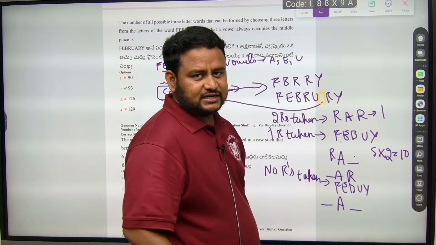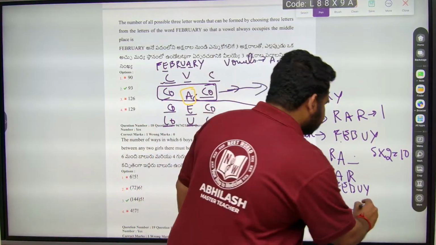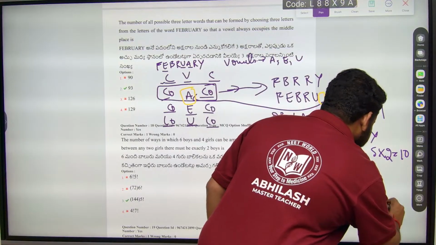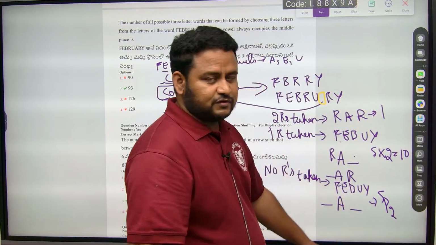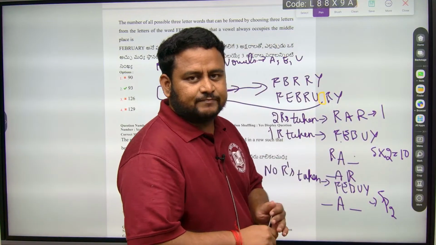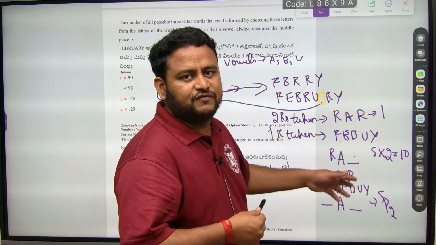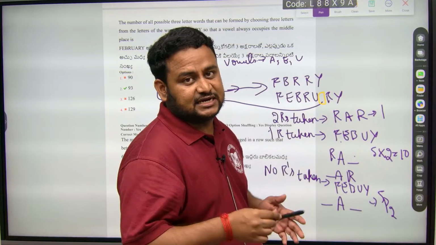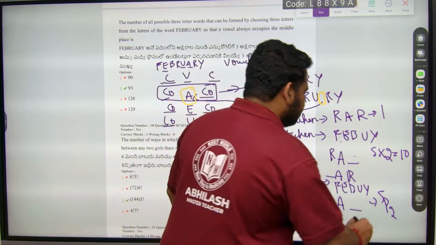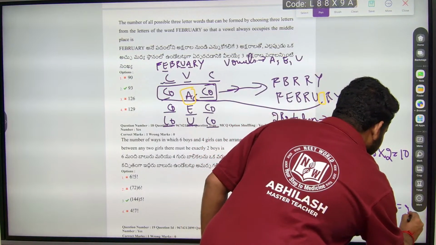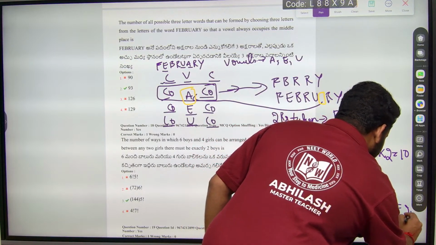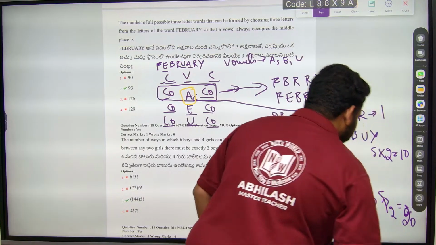Out of the 5 letters we have to take 2 letters, arranged in 5P2 ways. 5P2 is arranging two letters out of 5 letters, not selecting, because selecting means combination. 5P2 gives us 20. So this will become 20. This is what we got.